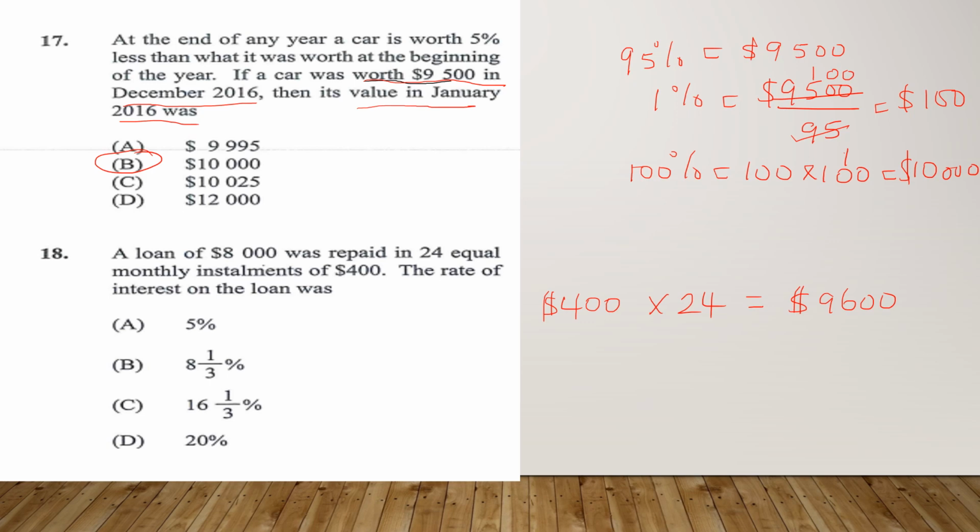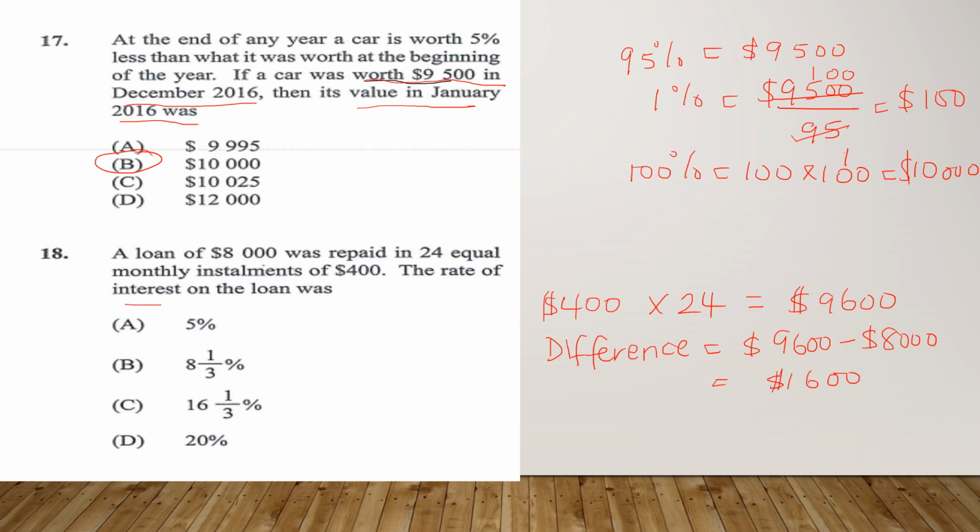Okay, so that person paid a lot more money, the difference being $9,600 minus 8,000, that is $1,600 more.